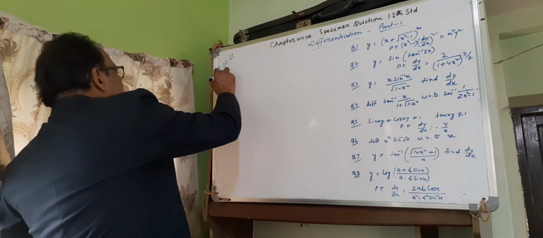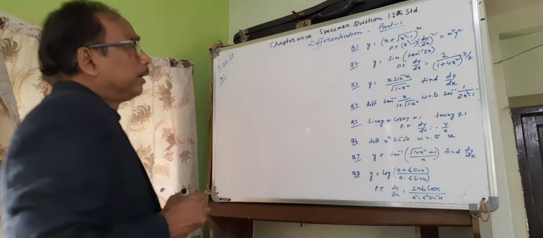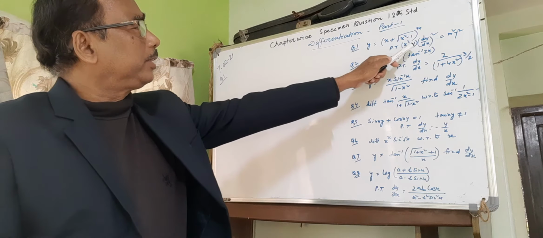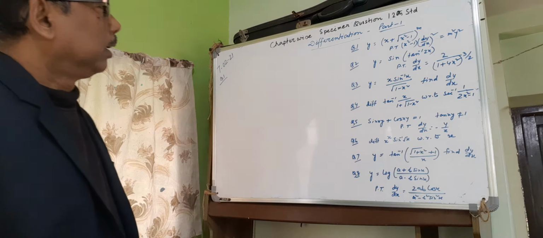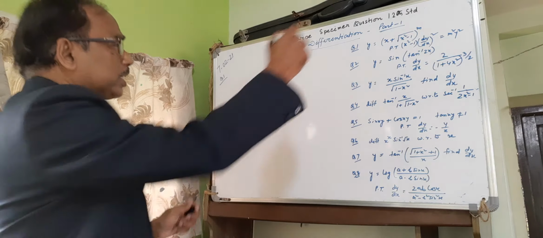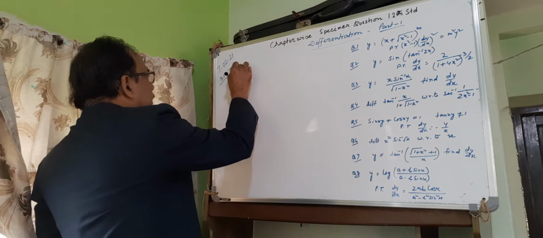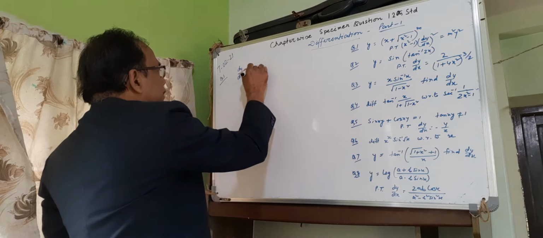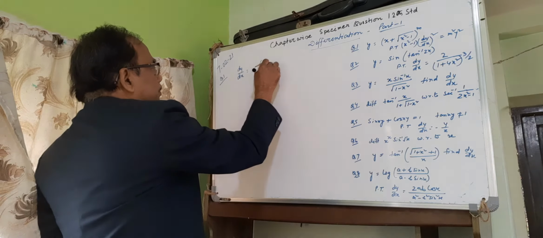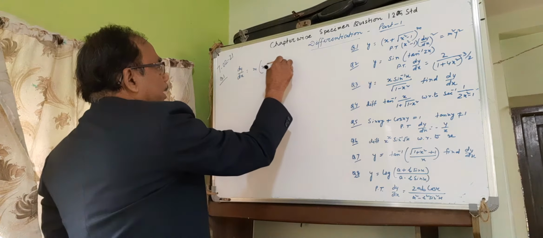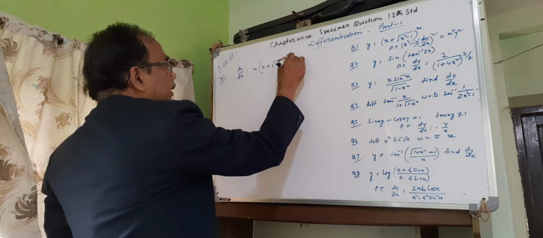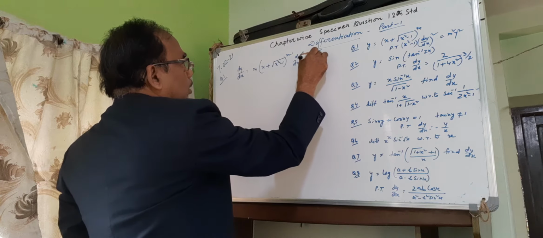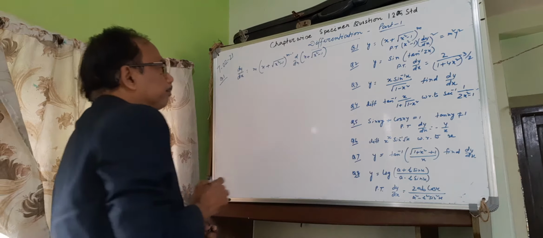Question number 1. Differentiation: prove that this equals to this. Let us differentiate with respect to x. dy by dx equals to m will come first, m times x plus root over of x square minus 1 whole to the power m minus 1 into d dx of x plus root over of x square minus 1.